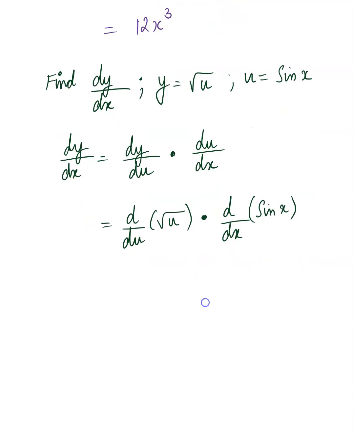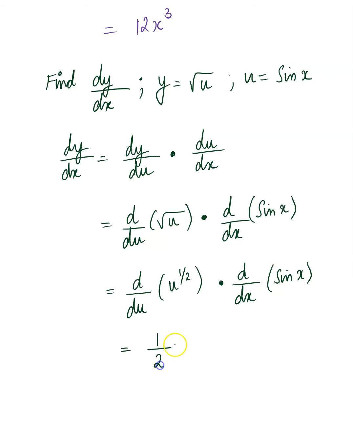Now, square root of u, that can be written as a power, u power half. Now we're ready to. So it's half u power half minus 1, n x power n minus 1, times derivative of sine x is cosine x.